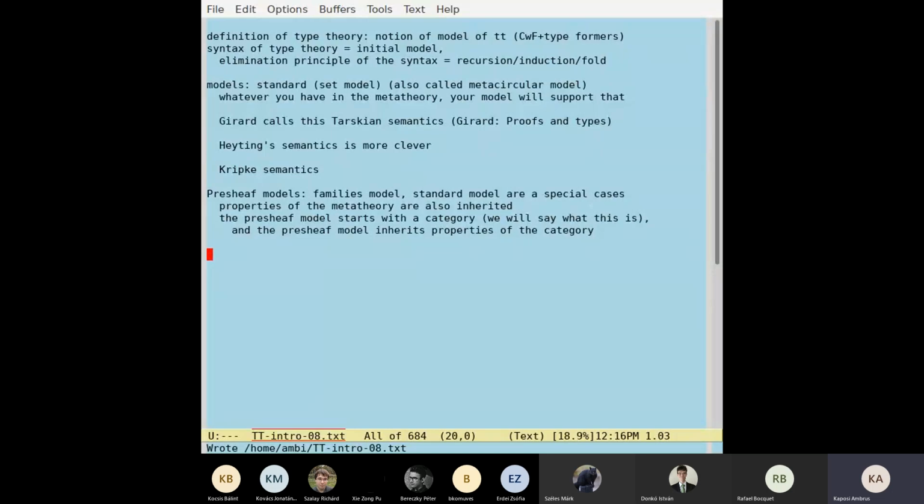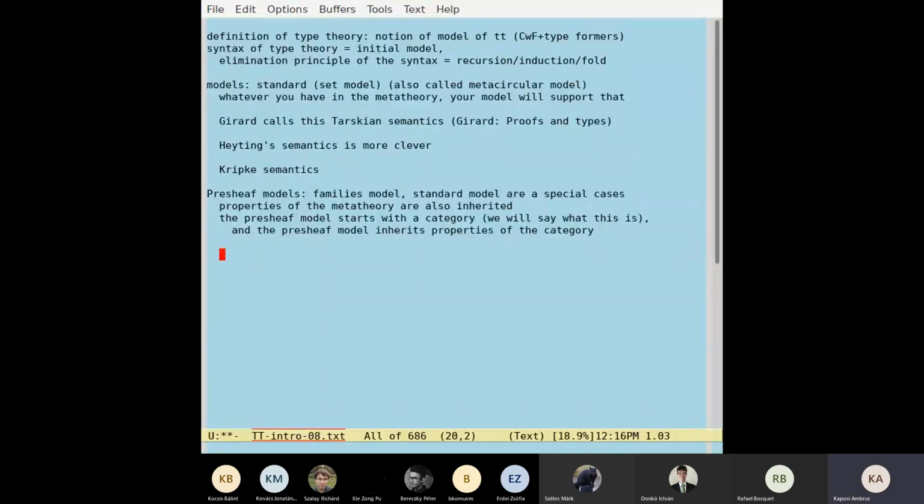And this is why it's very fruitful to use presheaf models, because they give you an automatic way to obtain models: you start with the category, you build in enough stuff, and then you get a model which will support that stuff.